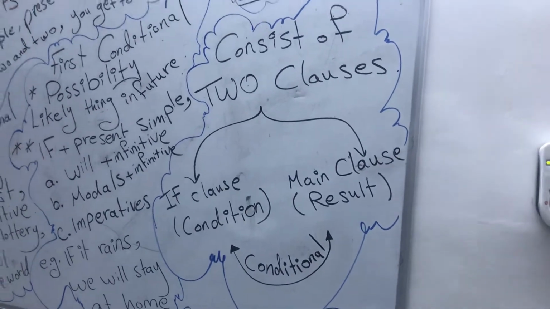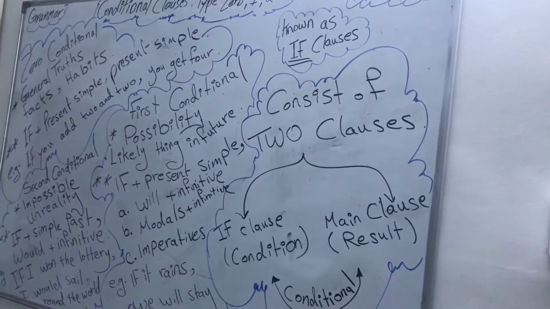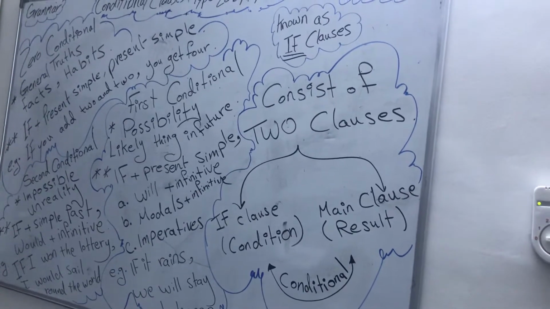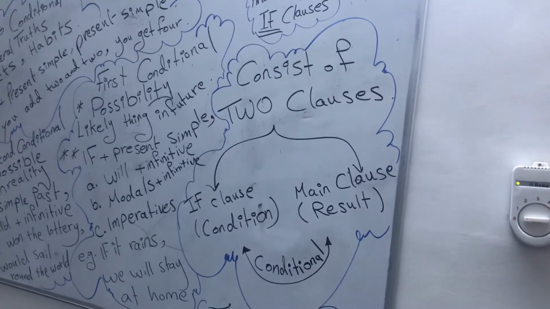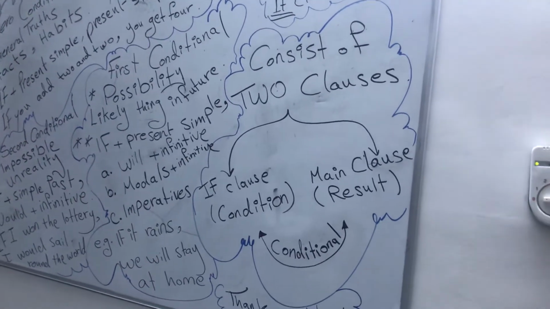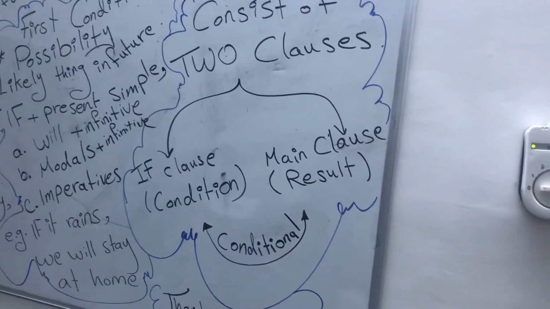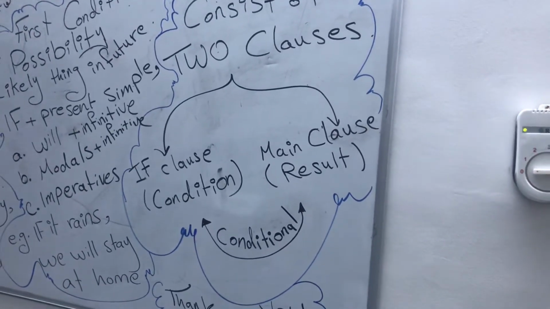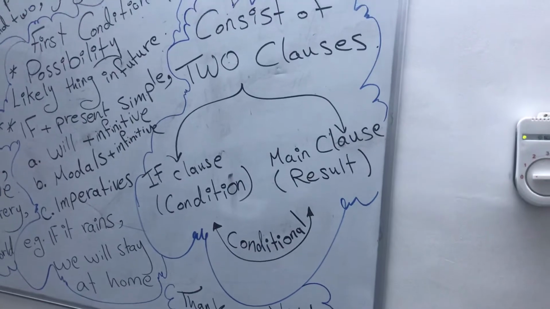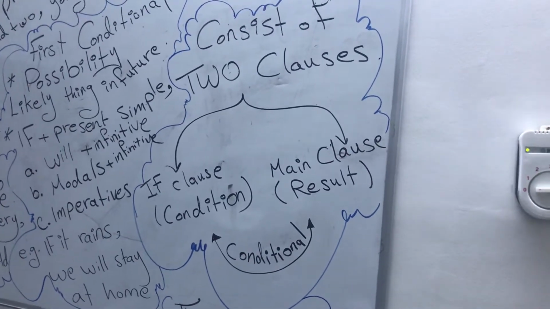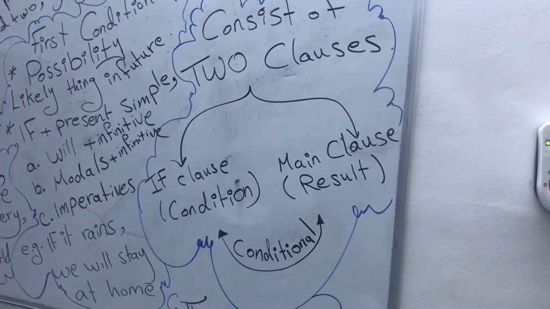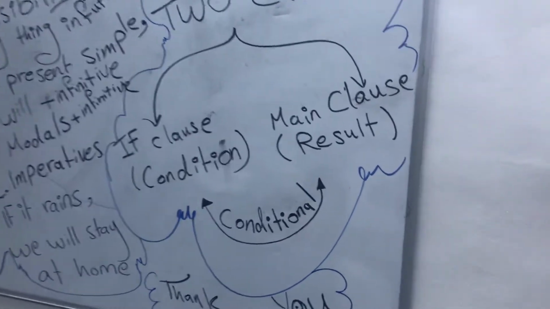So once again, the if clause consists of two main parts, two clauses, which are the if clause, which is the condition, and the main clause, which is the result. And the relationship, العلاقة between them is conditional.